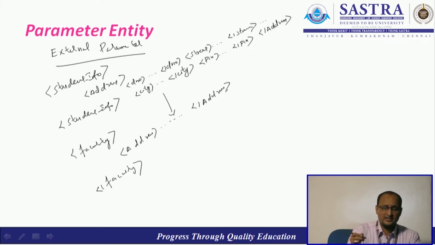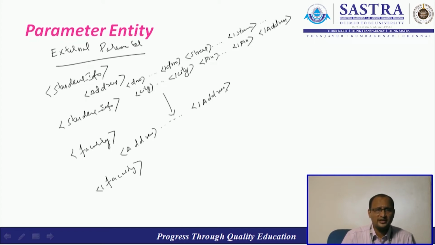So in this case, I need to define address twice, because student info has a child which is address, and faculty has a child address.